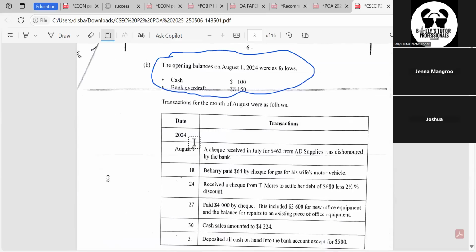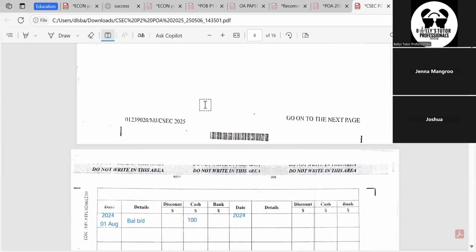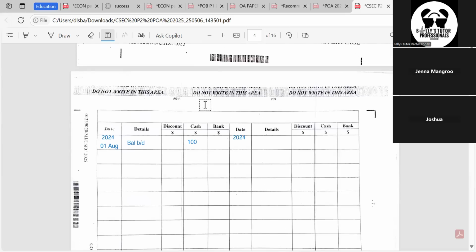And then they said they had a bank overdraft of 8,150. Where would that go? Debit side or the credit side? Credit side, sir. Credit side, correct. Bank overdraft is when you spend extra money. So now you're owing the bank money, right? Yes, sir.